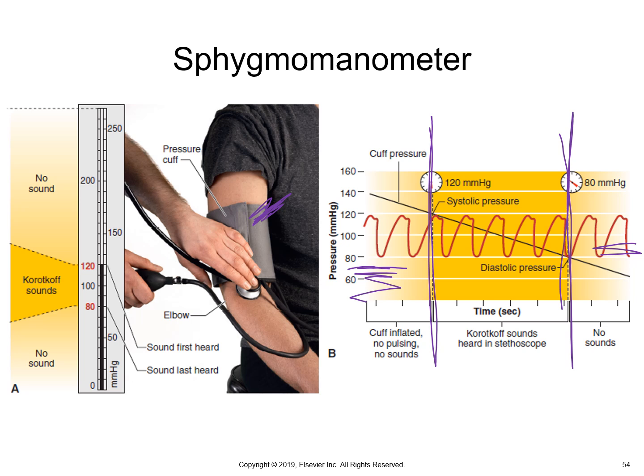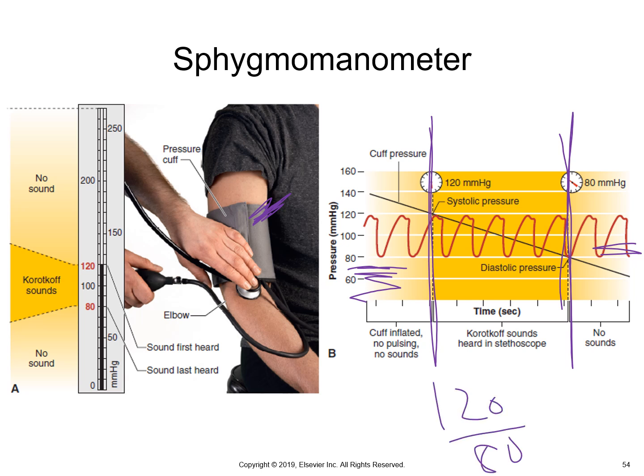So the very first Korotkov sound that we hear as we deflate is going to mark the systolic pressure. And then the very last Korotkov sound that we hear as it's being deflated is going to mark the diastolic pressure. Now again, a normal reading is going to be around 120 over 80.